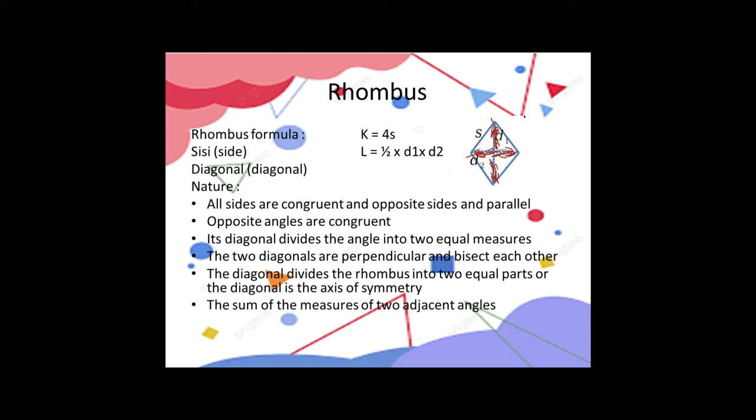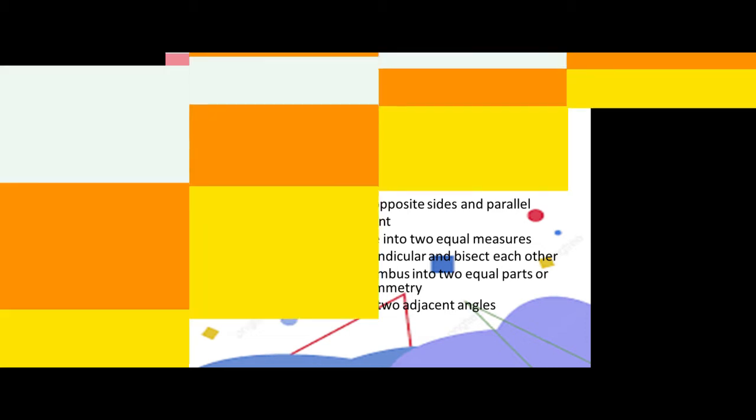Its diagonal divides the angle into 2 equal measures. 4. The 2 diagonals are perpendicular and bisect each other. 5. The diagonal divides the rhombus into 2 equal parts, or the diagonal is the axis of symmetry. 6. The sum of the measures of 2 adjacent angles is 180 degrees.